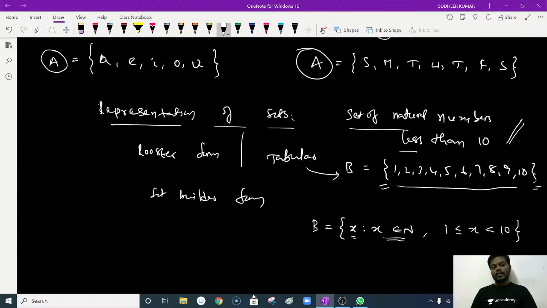So this is called set builder form. Or this also can be expressed as 1 is less than or equal to x less than or equal to 9. Less than 10 is given, so here we cannot take 10. If it is given less than or equal to 10, we can take it.